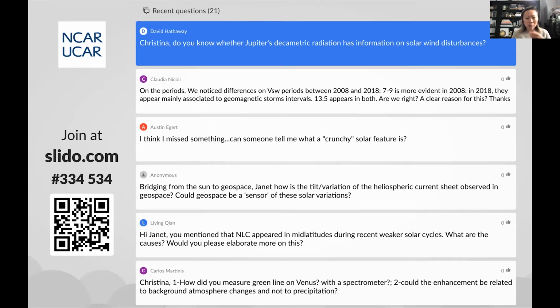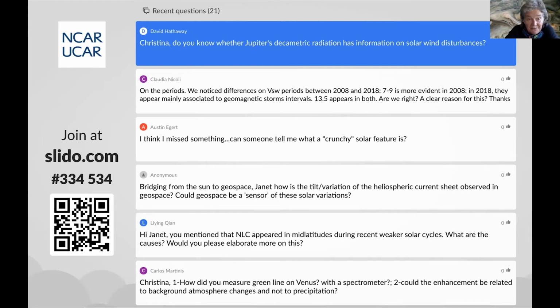I commented in the chat. The decametric emission comes close in near the Io torus and the aurora regions. It's pretty deep inside the magnetosphere. So the source regions are around distances of 6 to 10, maybe even 15 RJ.